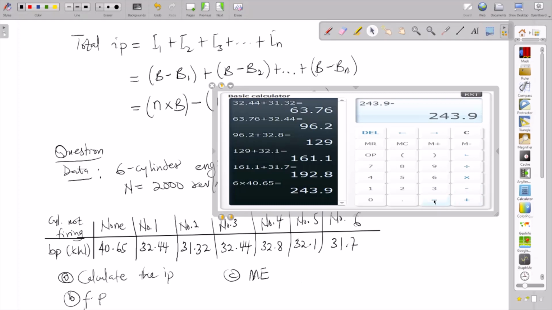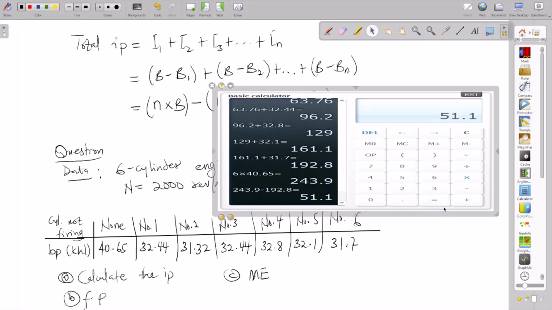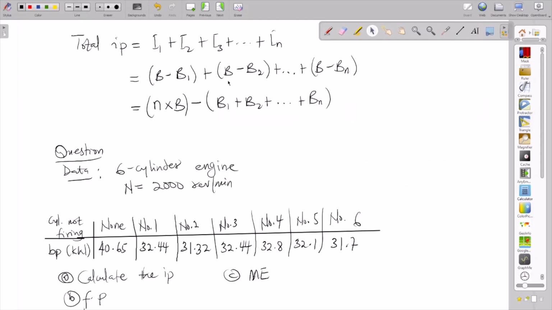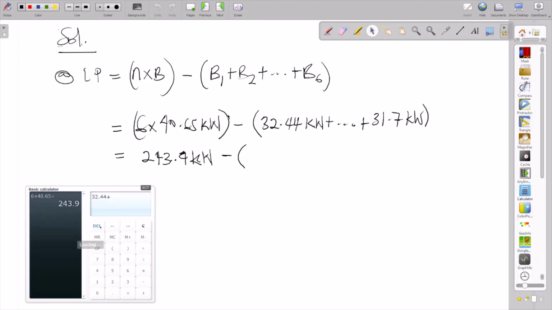Then we subtract the 192.8 from it. That gives us 51.1 kilowatts as our indicated power.